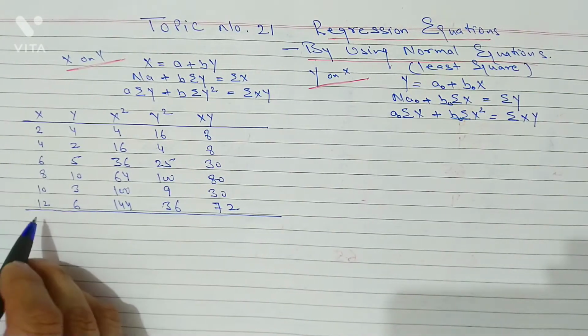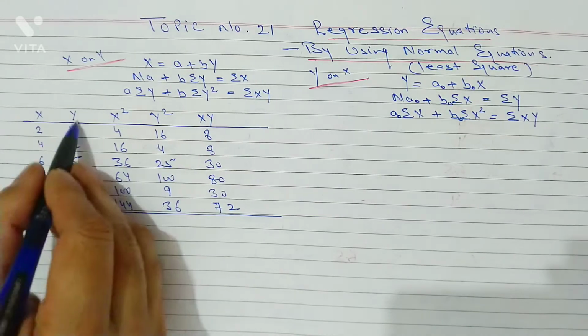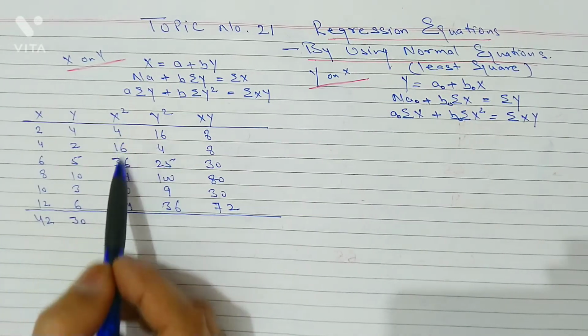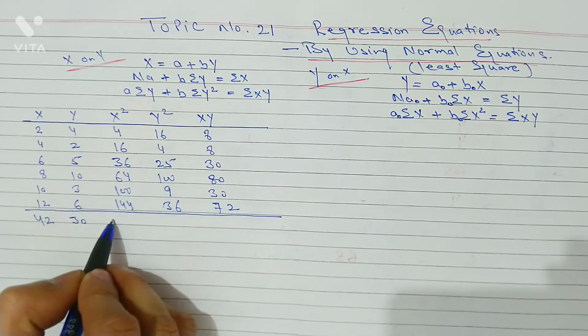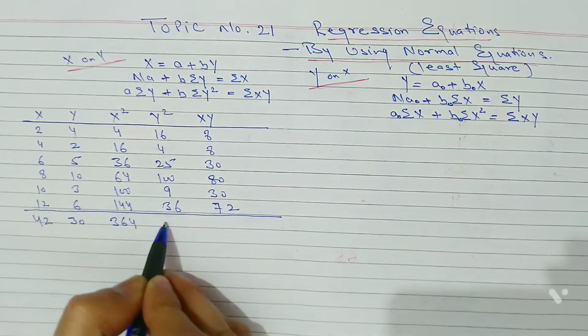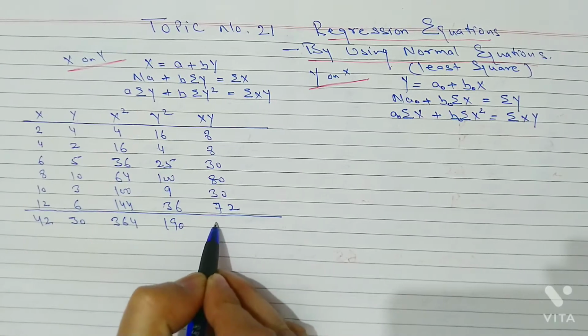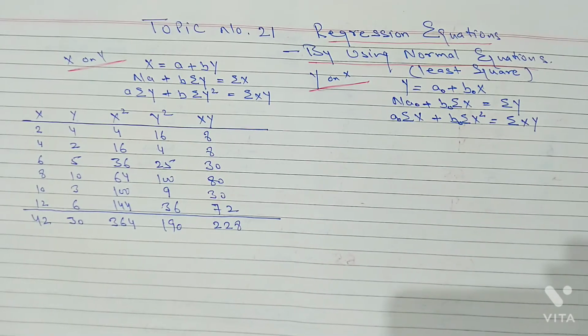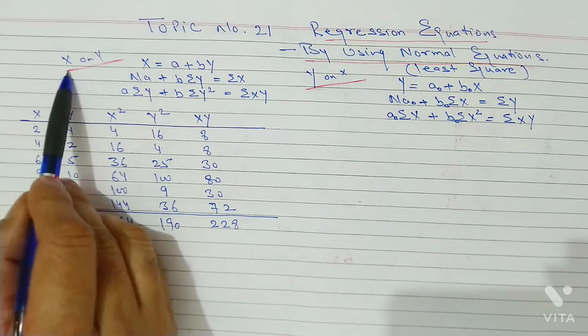Summation of x equals 42. Summation of y equals 30. By adding these terms we get summation x square 364, summation y square 190 and summation xy 228. Now first we will calculate x on y.